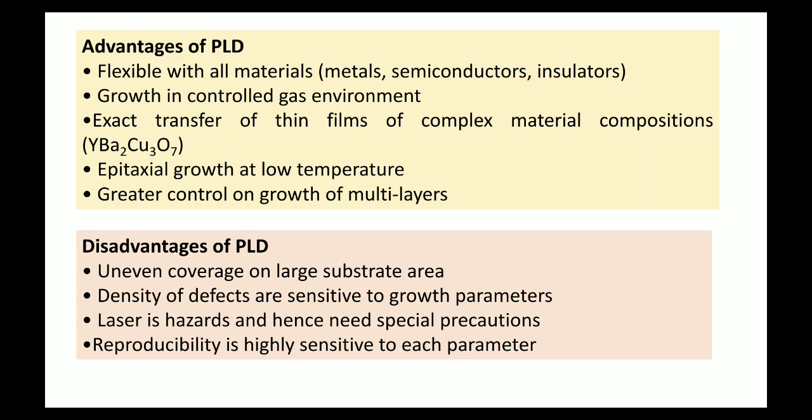Suppose you try to deposit calcium TiO3 on this kind of material, then you will find that you also have a single crystalline thin film of calcium TiO3 on the SrTiO3 substrate. This is called epitaxial growth.